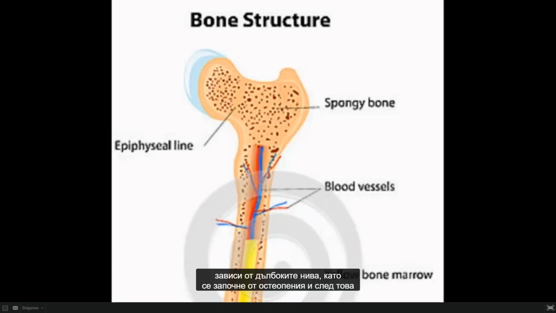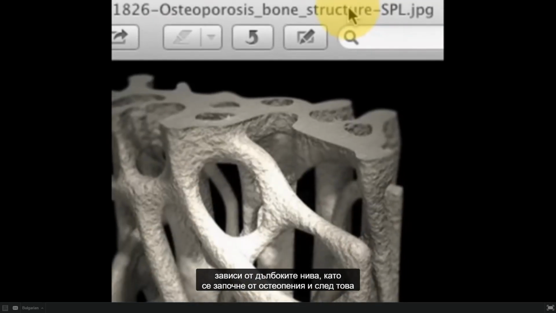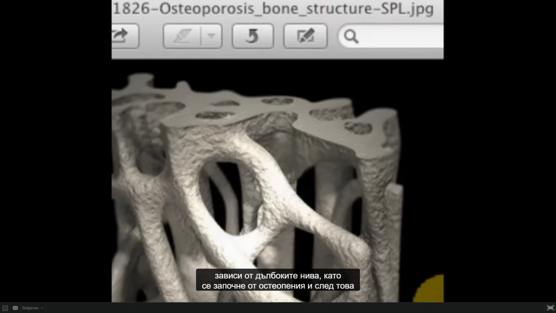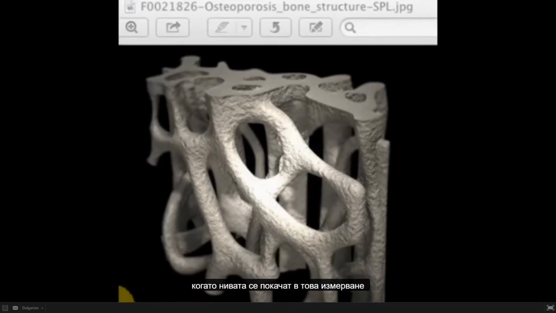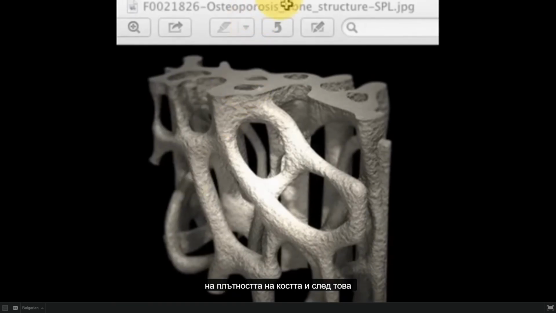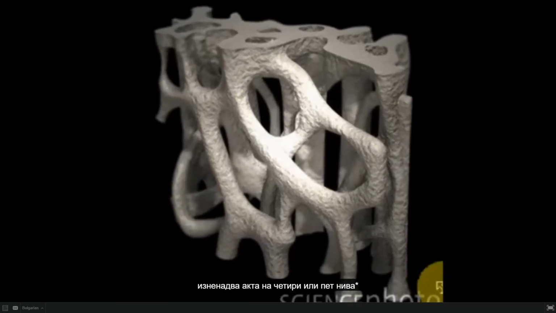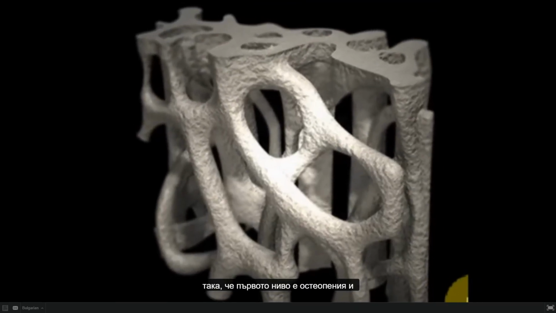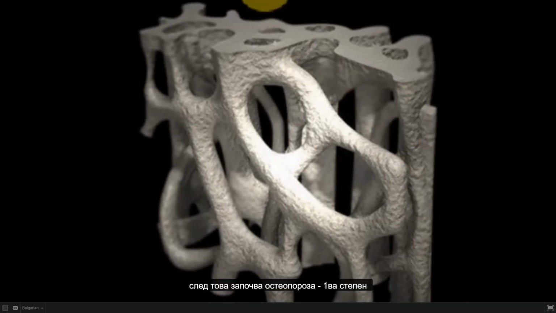Depending on the level, they start from osteopenia, and then when the level goes up, this is some kind of measurement of the density of the bone, separated into up to 4 or 5 levels. So the first is osteopenia, and then starts osteoporosis, first grade, second grade, third grade, and so on.